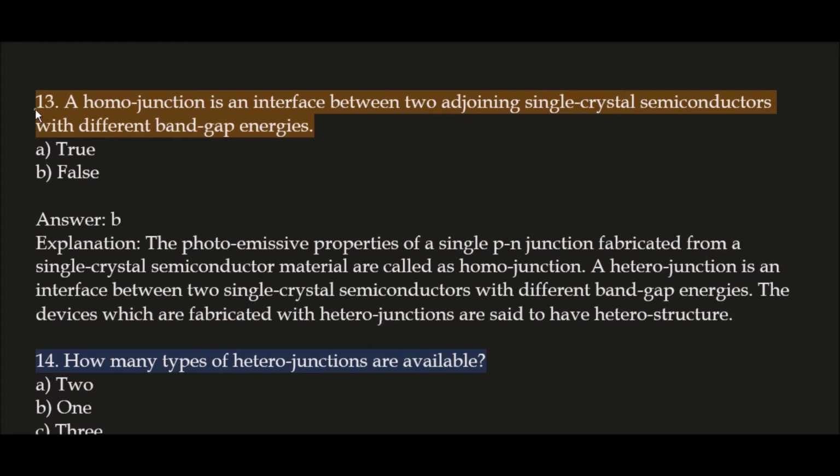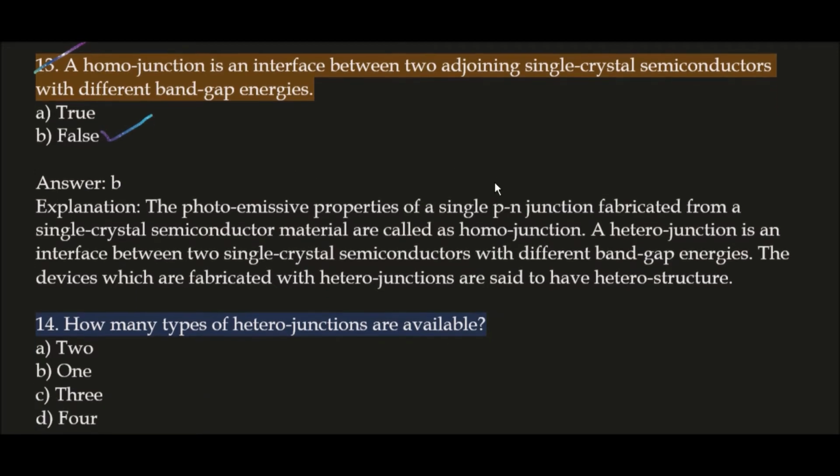A homojunction is an interface between two adjoining single crystal semiconductors with different band gap energies. This statement is true or false? This statement is false. Because the photoemissive properties of a single p-n junction fabricated from a single crystal semiconductor material are called a homojunction.